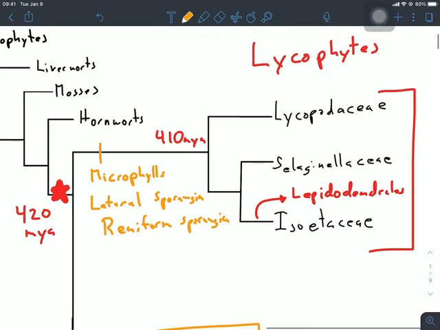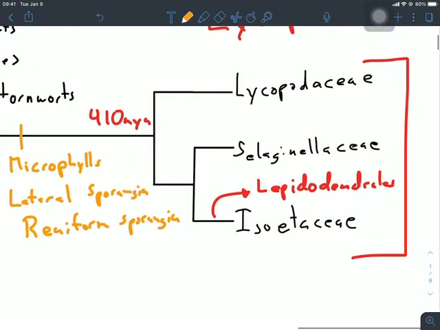Now, within this tree, we get additional changes. The Selaginellaceae, or the club mosses, a couple of those growing in the greenhouse, have a switch from being homosporous to being heterosporous.